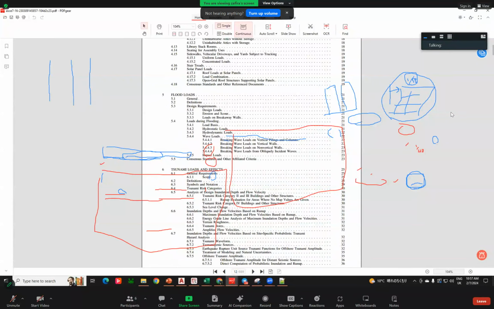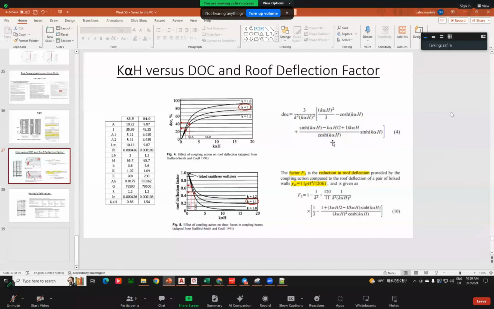So KAH is a geometrical parameter, and we can also link this KAH with the degree of coupling. So basically, if we calculate the KAH... Oh, okay. This is an elastic building. Yes, with the coupled beam only. But last time we had a question, if we use a damper, can we find the degree of coupling of the structure?